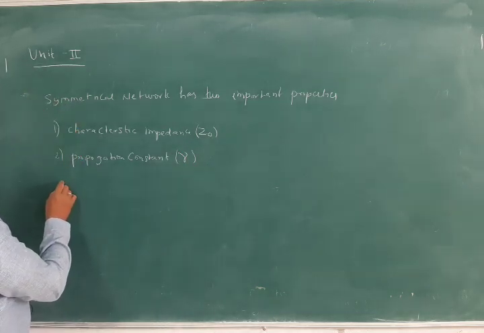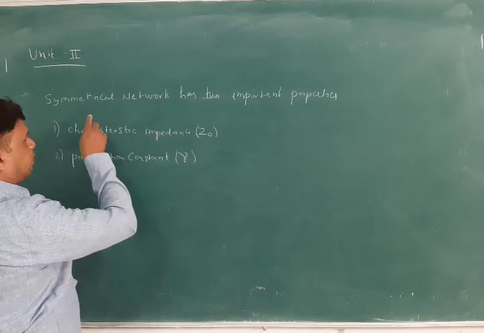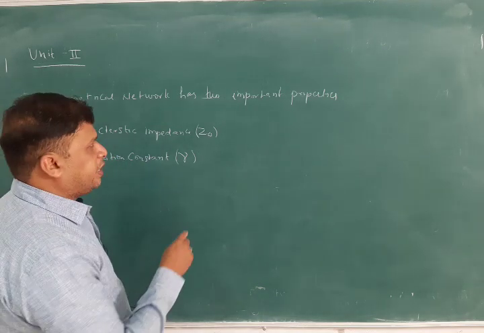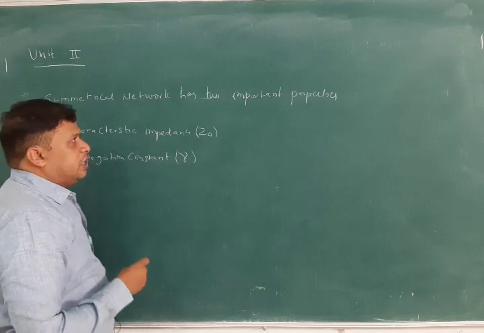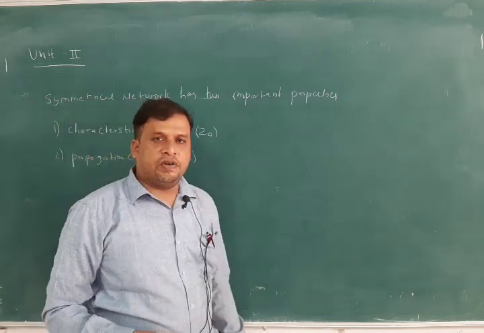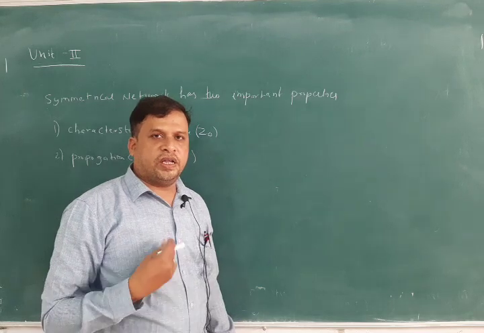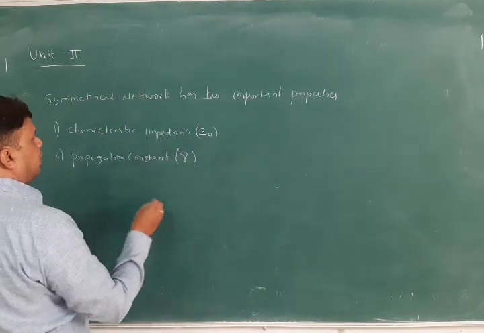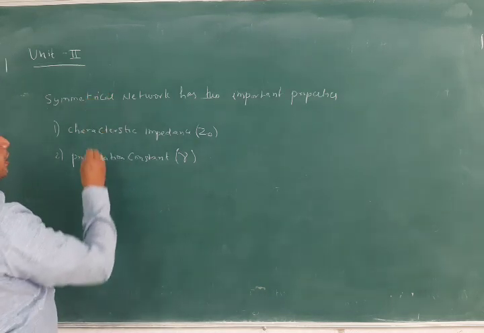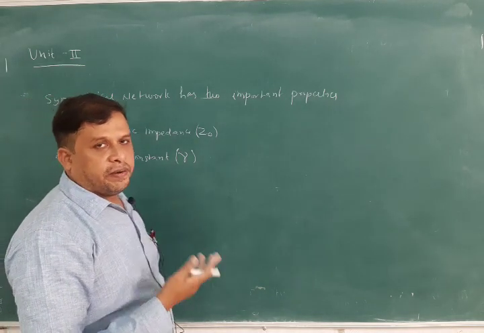First of all, what is a symmetrical network? A symmetrical network has two important properties: characteristic impedance and propagation constant. In a symmetrical network, you have to see that the network has symmetry on the input side and the output side.